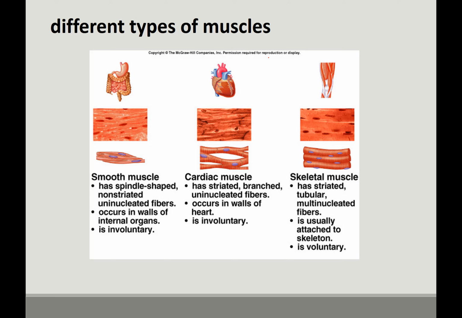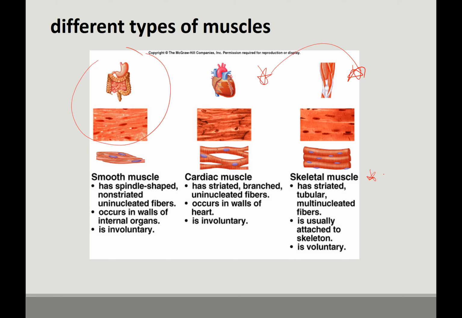We have different types of muscles in our body. We have skeletal muscle, which we just talked about, and cardiac muscle, and these are similar in structure. They are different in their signaling. Smooth muscle is very different in its structure. And we will talk about those in just a minute.